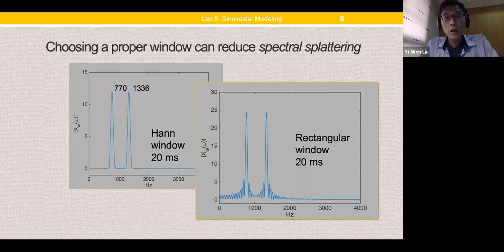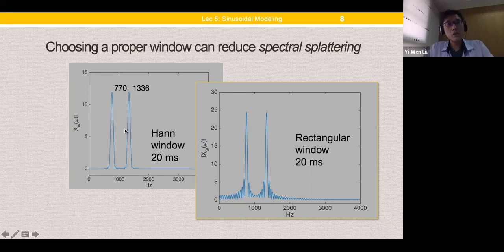And here, I want to talk about the issue of spectral splattering. This is the difference between the Hann window and the rectangular window, using them to acquire a block of signal. Please note that this is in linear scale, by the way, not even in log scale.